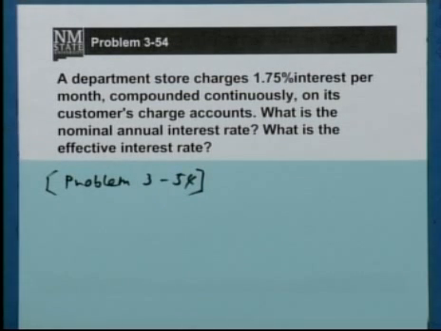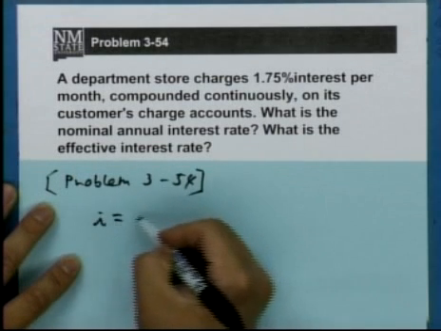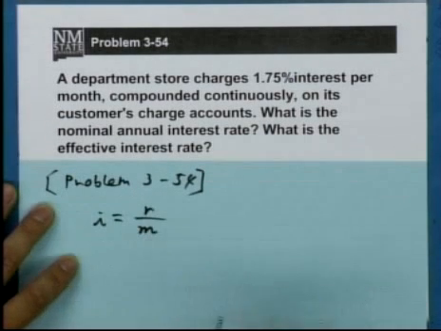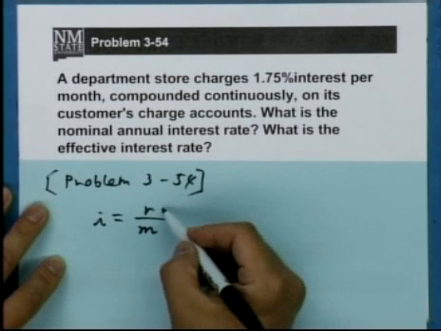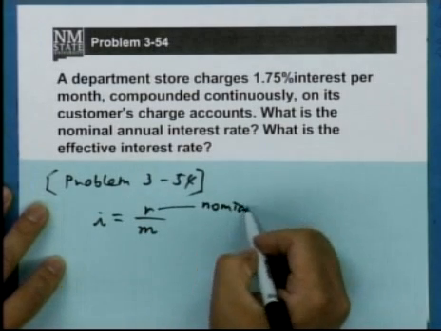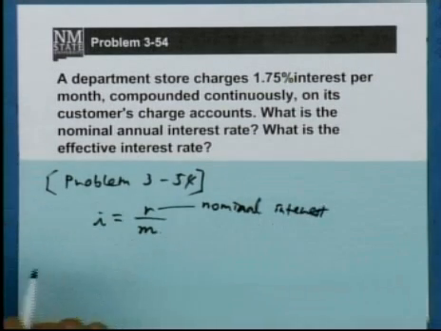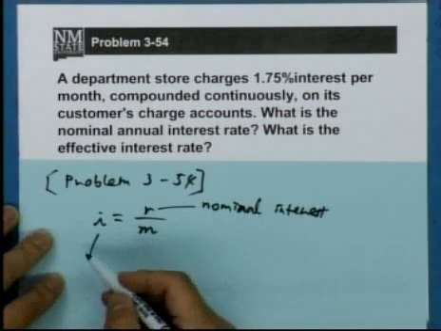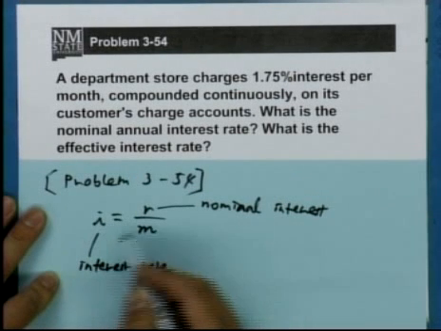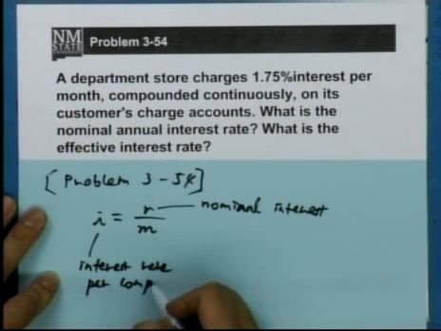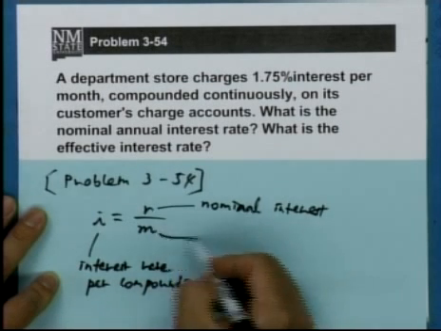Okay, so how would you get the nominal interest rate? You remember this formula? I equals R over M. R is the nominal interest rate, and I is the interest rate per compounding period. And what is M?